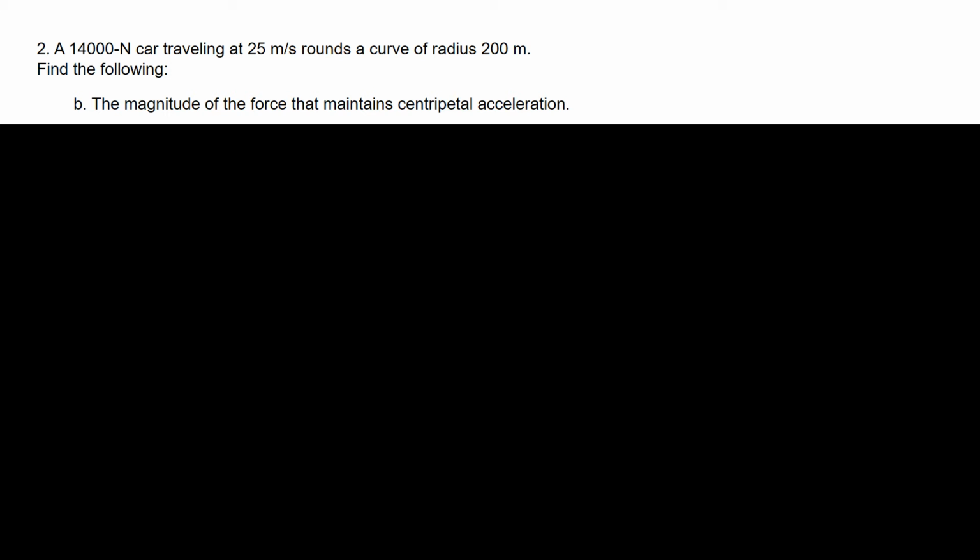All right, so this time I'm supposed to figure out the force that maintains centripetal acceleration. That's interesting. Again, it's all the same. I have the radius. Well, let's write out what I have.